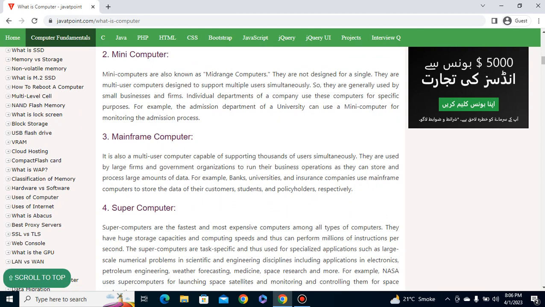The supercomputers are task specific and thus used for specialized applications such as large scale numerical problems in scientific and engineering disciplines, including applications in electronics, petroleum engineering, weather forecasting, medicine, space research, and more. For example, NASA uses supercomputers for launching space satellites and monitoring and controlling them for space exploration.